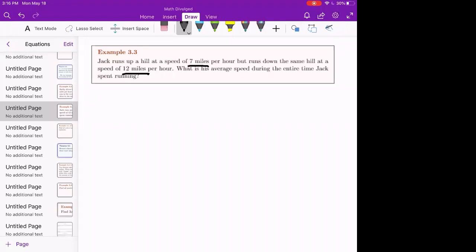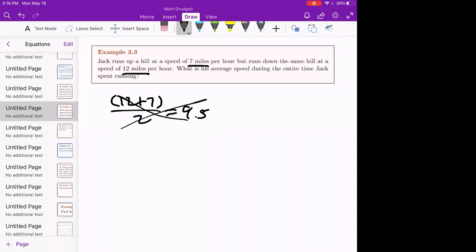So that could seem problematic at first. You might think, oh, well, how do we use d equals rt? And some people might even jump to the conclusion that the average speed is just (12 plus 7) over 2. This is wrong because the amount of time he spends going up and down is different. So we can't just take the direct average of the speeds like this.